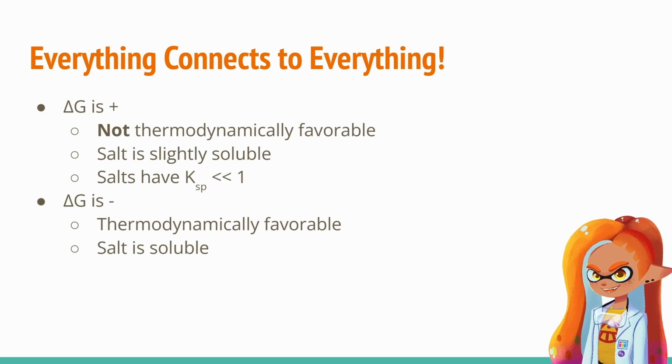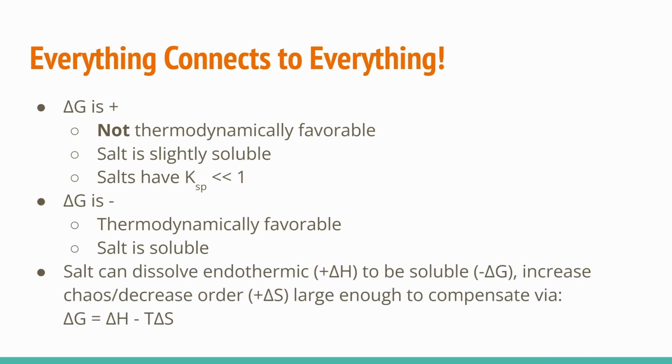Because we had that formula earlier, delta G equals delta H minus T delta S, technically we can have an endothermic process, so the salt can dissolve endothermically, but we can still have a negative delta G if a lot of chaos happens, a lot of randomness, where it is decreasing that order.